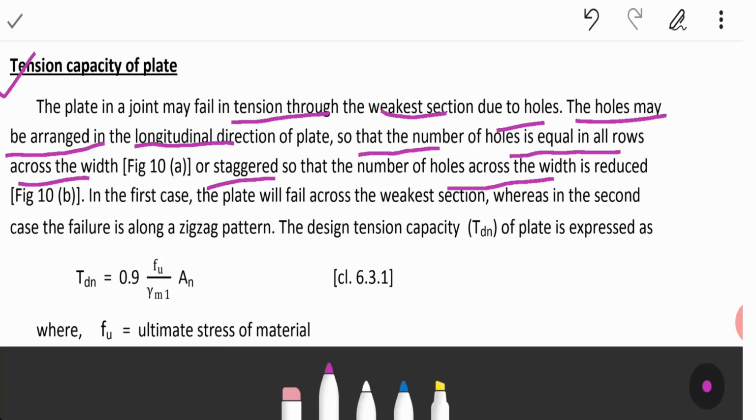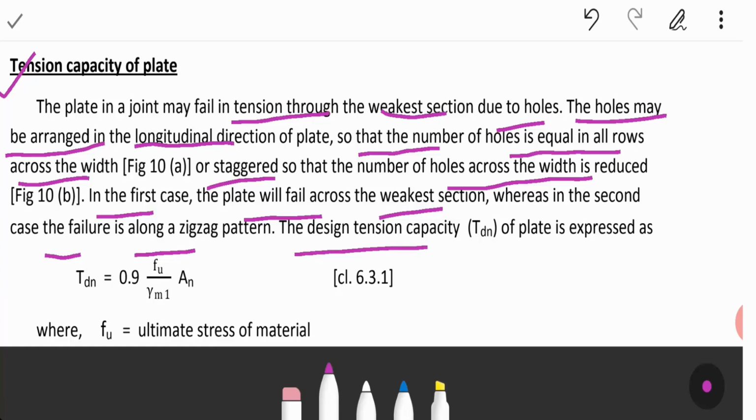Okay. In the first case, the plate will fail across the weakest section. Where is the second case? The failure along zigzag pattern.